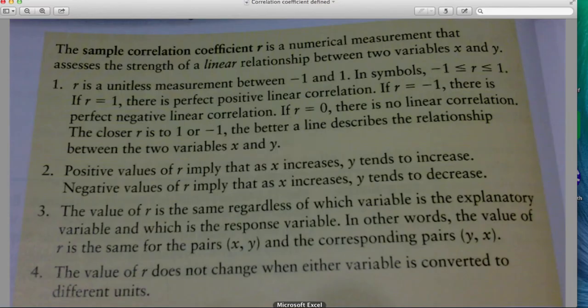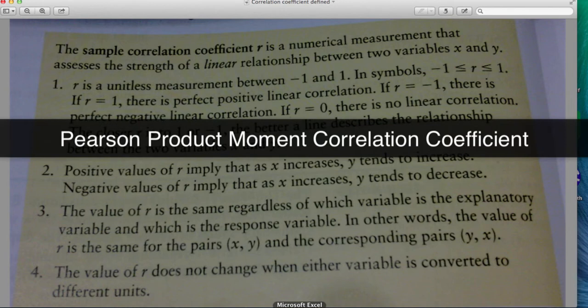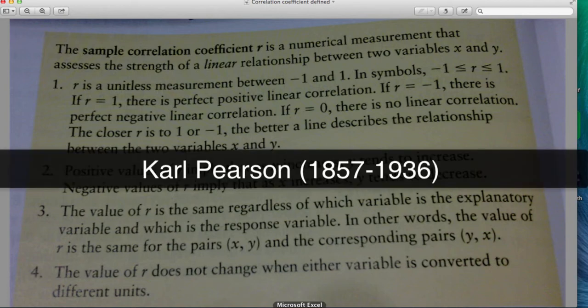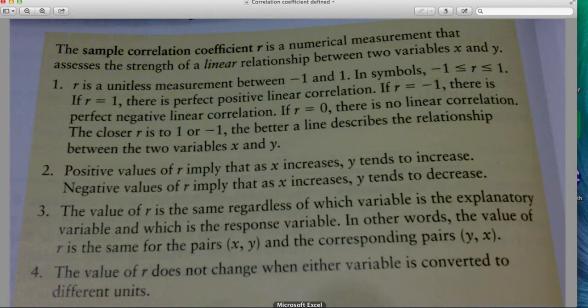First of all, just as an FYI, the sample correlation coefficient R is also known as the Pearson product moment correlation coefficient, named after the statistician Carl Pearson, who has been credited for creating the formula. Okay, looking at the definitions here, if R equals 1, then there is a perfect positive linear correlation.